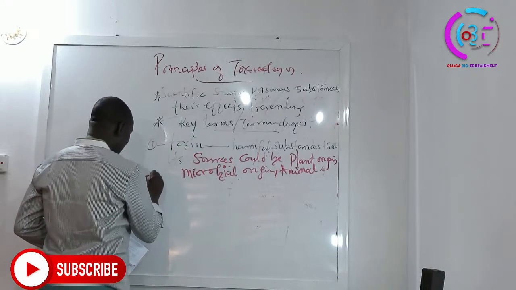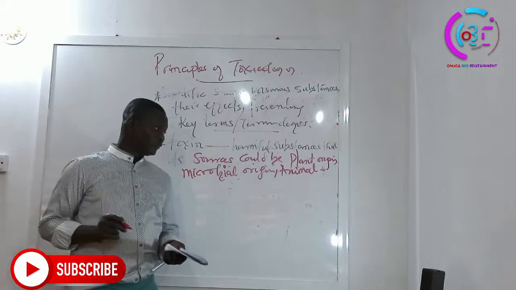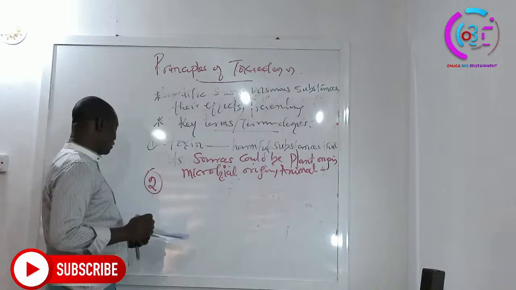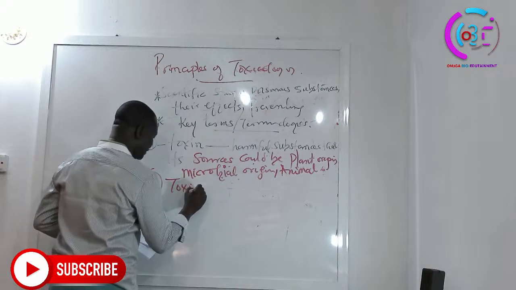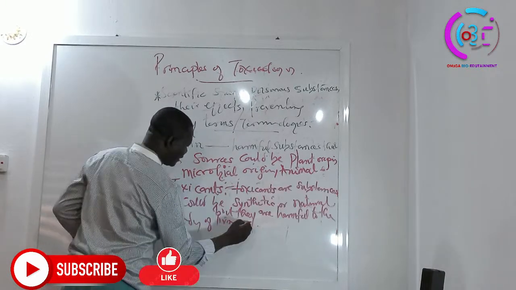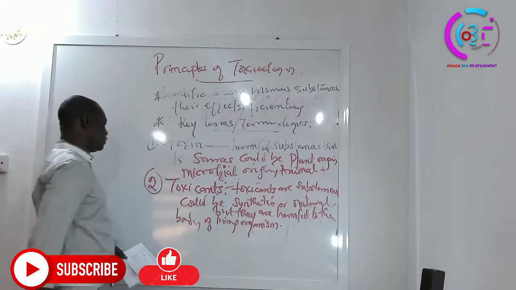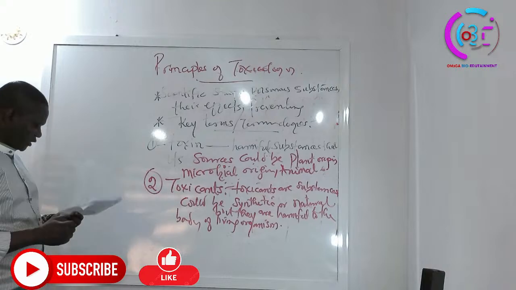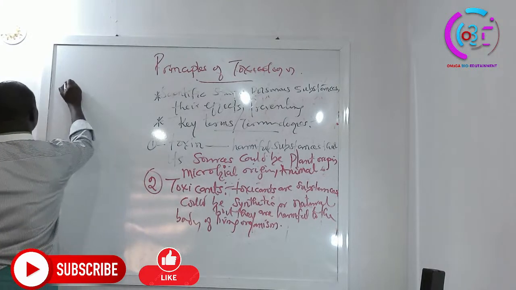Another key terminology in the principles of toxicology is toxicants. What are toxicants? These are toxicants of living organisms. Then another one is, what do we mean by toxicity?